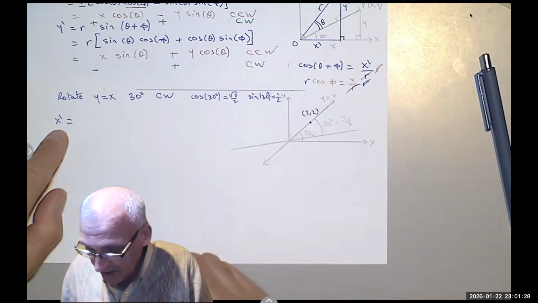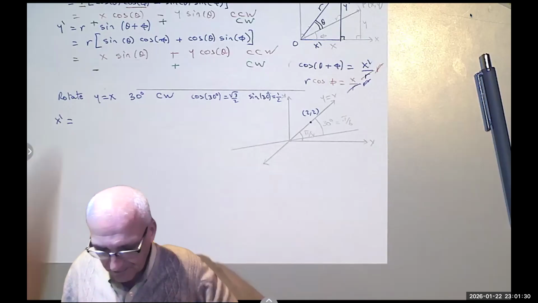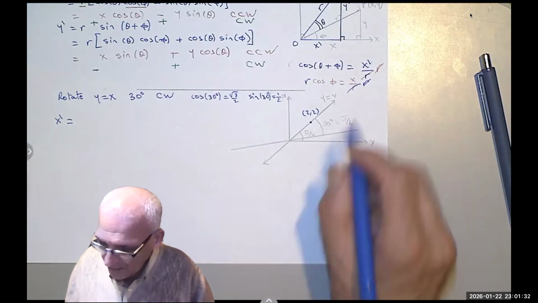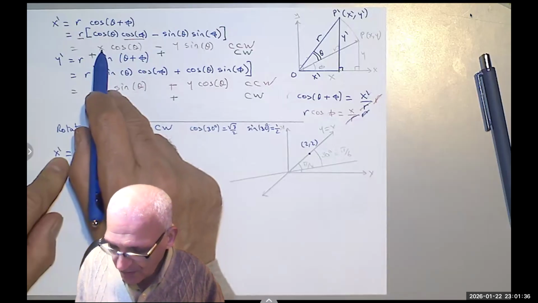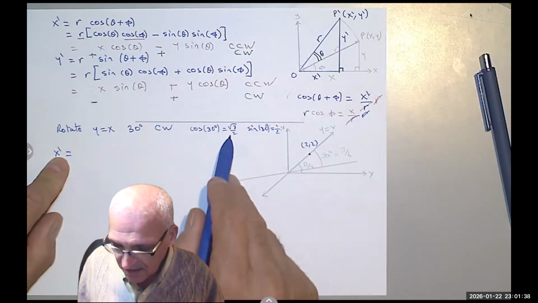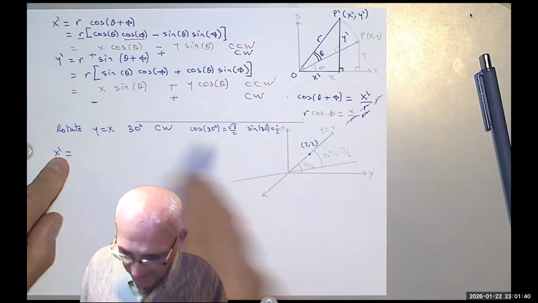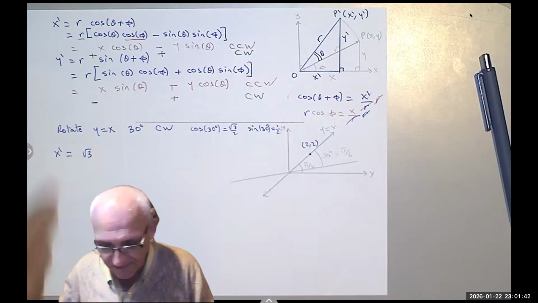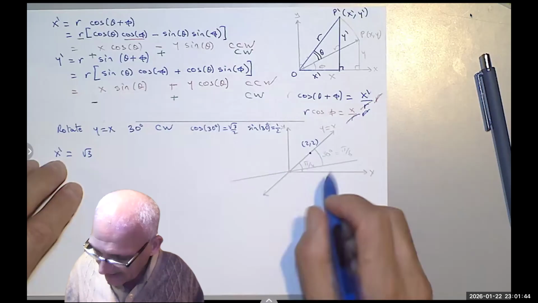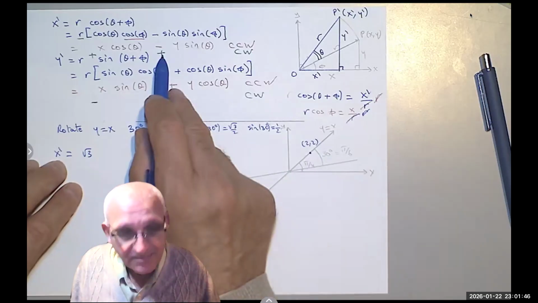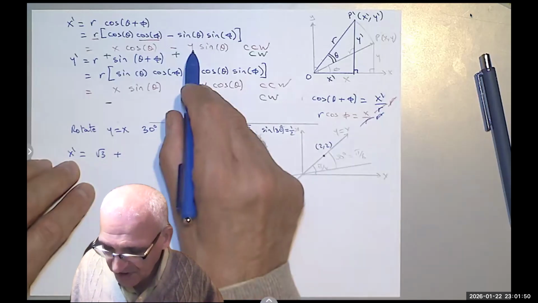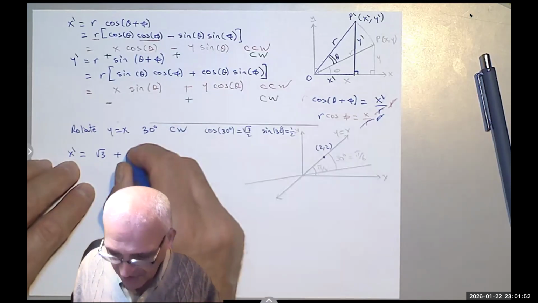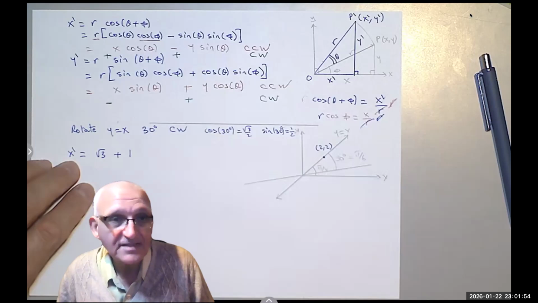So x prime would be x, which is 2, times cos 30, which is root 3 over 2, so it's root 3. Plus, because I'm rotating clockwise, plus y, which is 2 times 1/2, so plus 1. That's it.